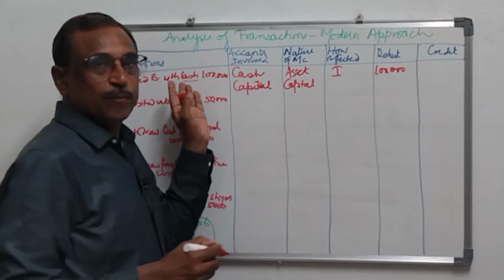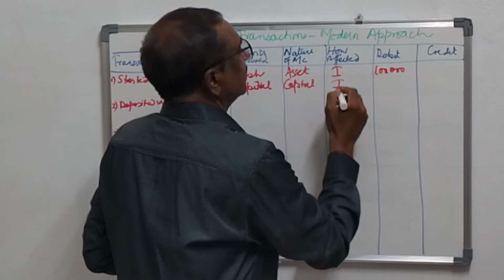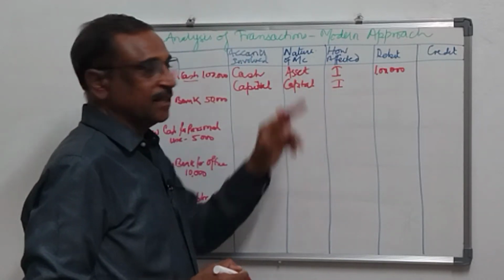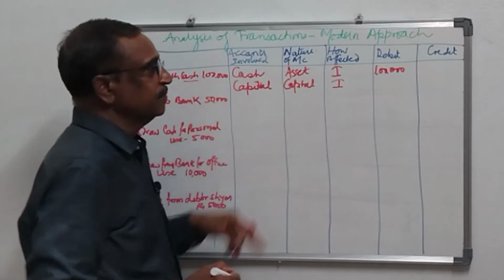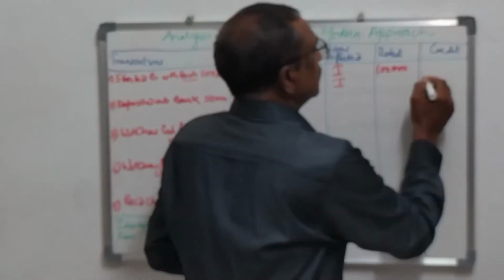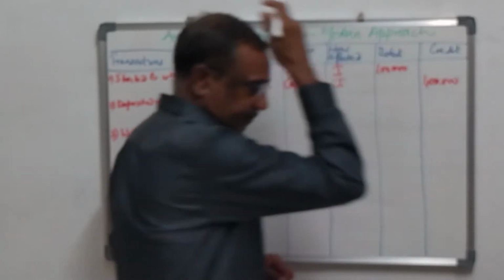Why? Because a new business has started. So we will write increased. It is increasing the capital, this transaction. So increase in capital is credited. So we will write 1 lakh in the credit column. Clear?